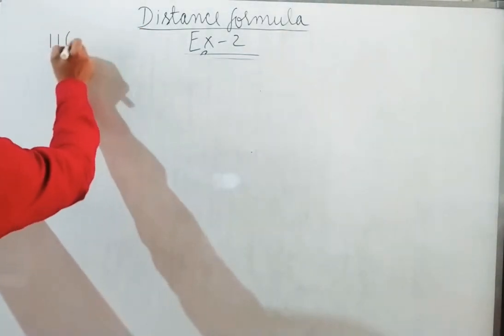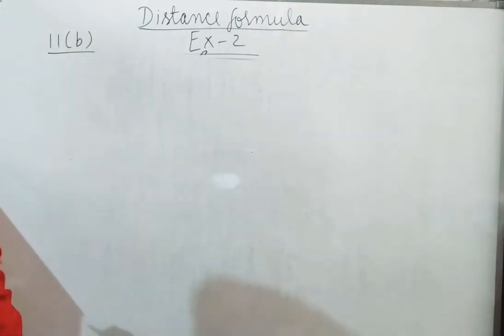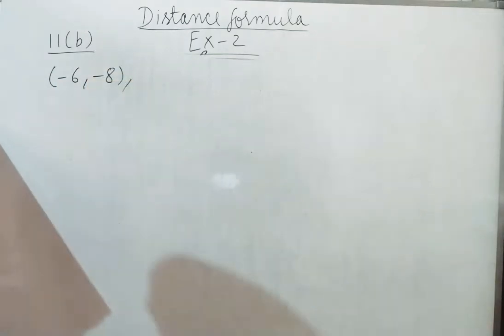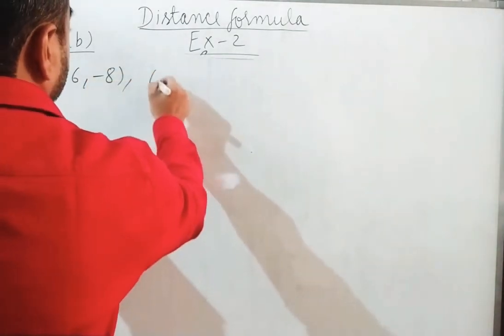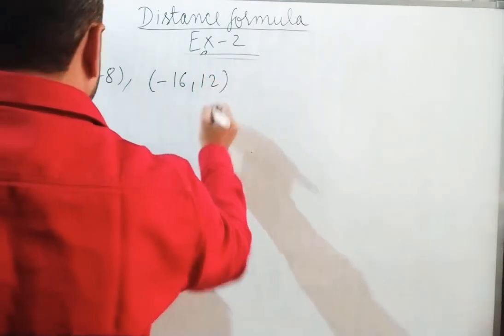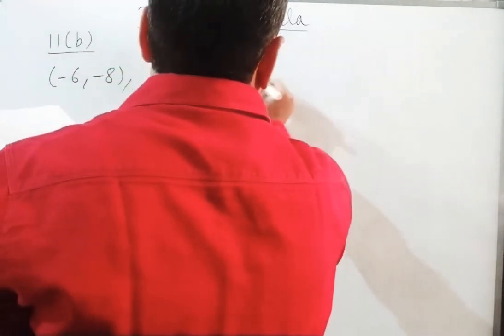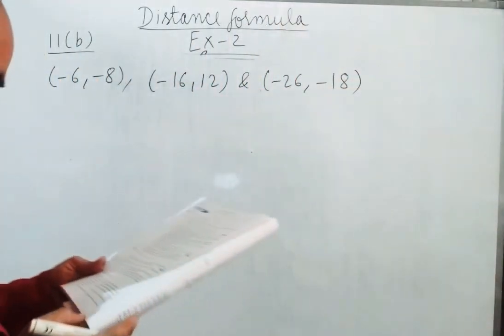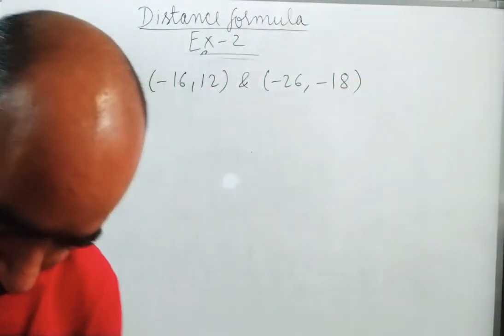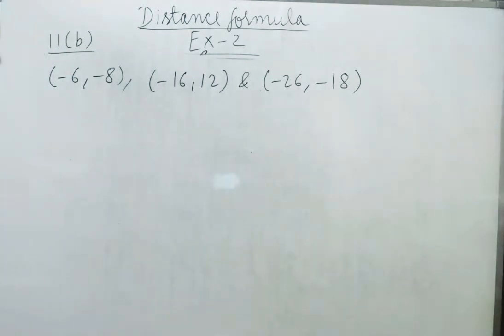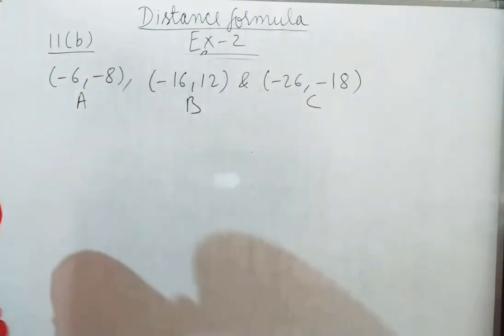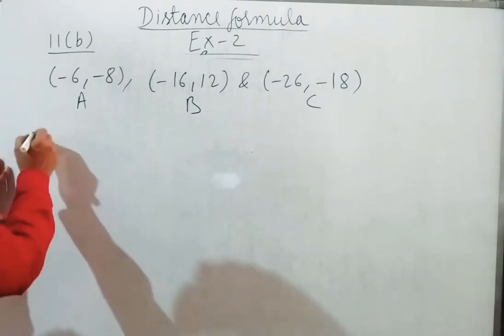So here, what are the points? 11, B part. Points are (-6, -8), then (-16, 12), then (-26, -18). Correct? Suppose these are A, B, C. Then AB will be calculated.